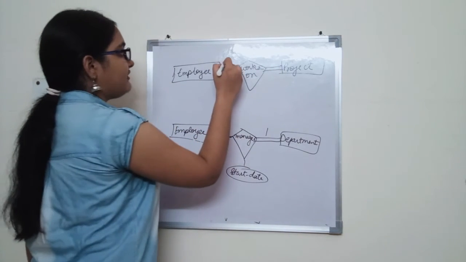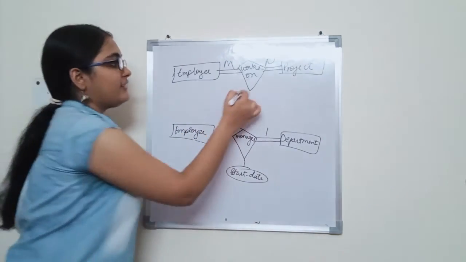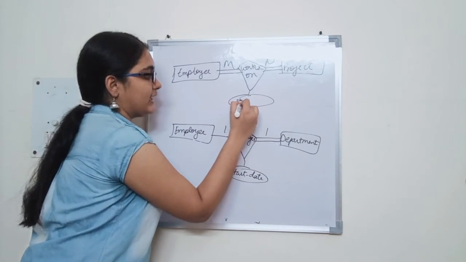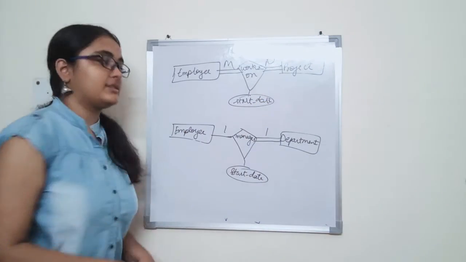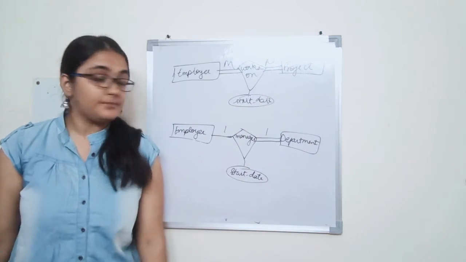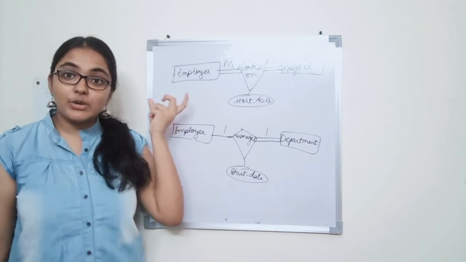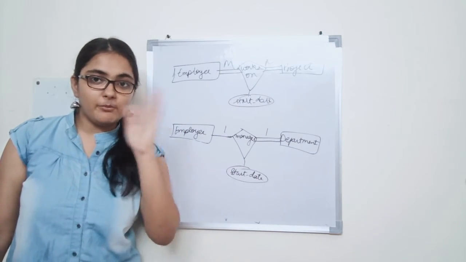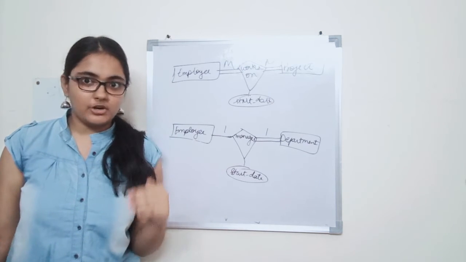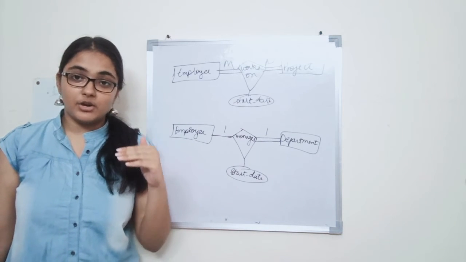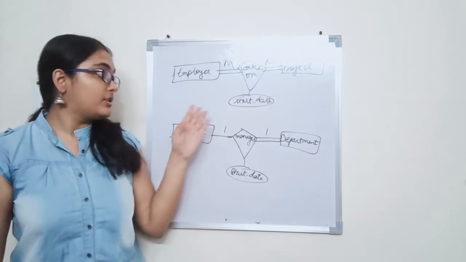Whichever way it is, if it is m:n relationship, then what if I want to record the start date on which a particular employee has started working for a particular project? If I migrate it to this side, employee side, what will happen is an employee is working for multiple projects. So for every project, it has to maintain the start date on which it has started working for that particular project. So it will be a multi-valued attribute.